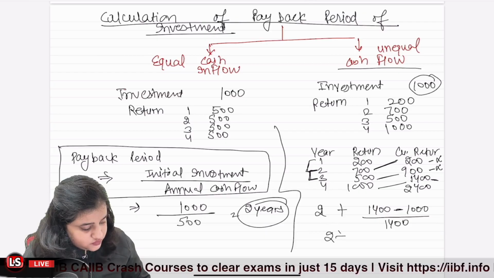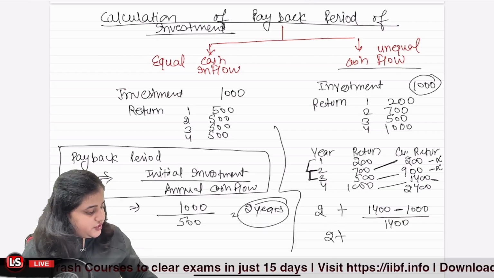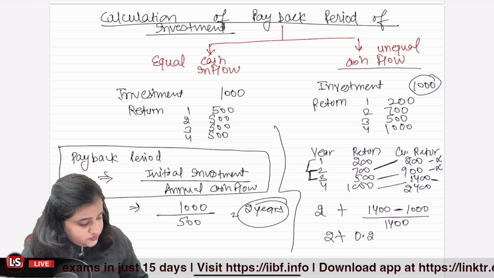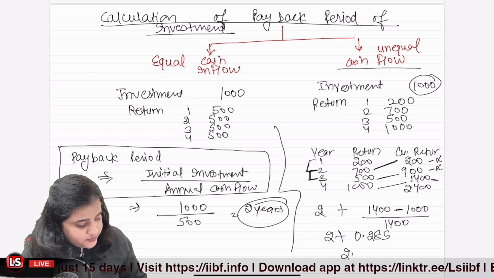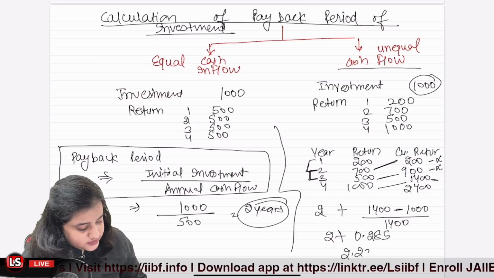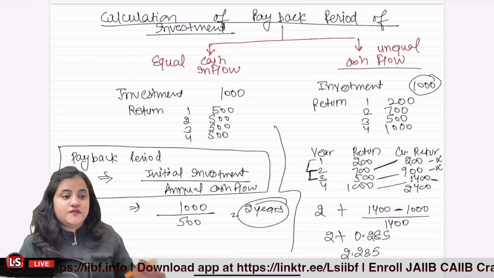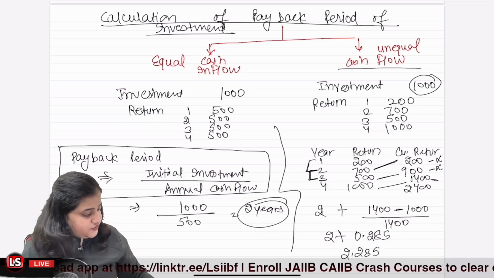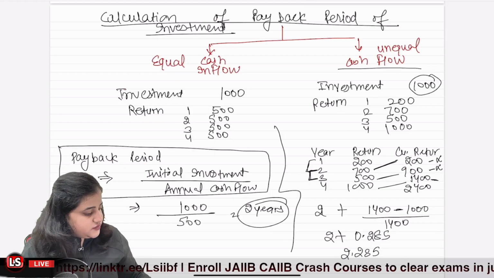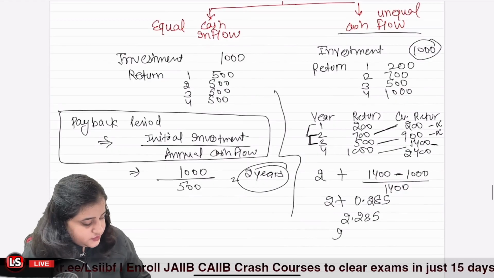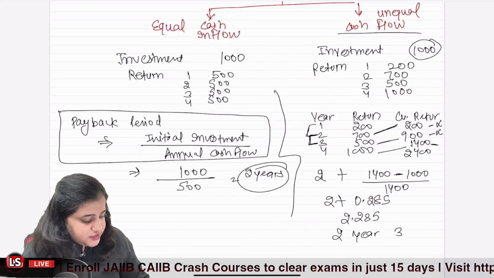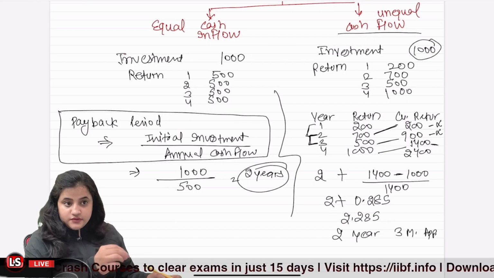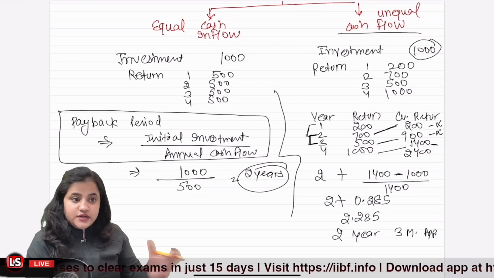It is 2 plus 400 divided by 1400, which is 0.285. So my payback period on this investment is 2.285 years, or in other words, if I multiply 0.285 into 12, it is 2 years and 3 months approximately. That is how long it will take for this investment to give my return back.